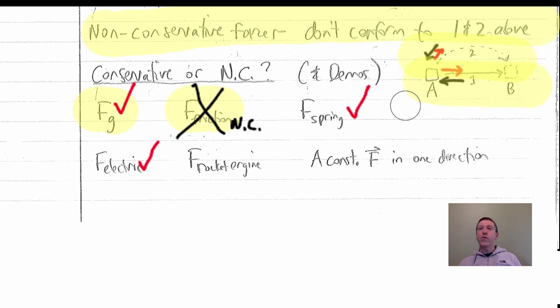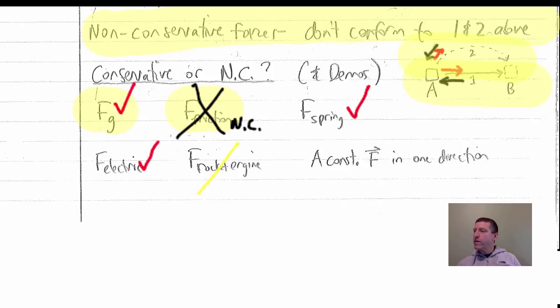For path 2, it'll be the force of the rocket engine times the length of this path. So it does more work along 2. In other words, if you follow route 2, the rocket will be going faster when it hits point B compared to route 1. So the rocket engine is a non-conservative force.